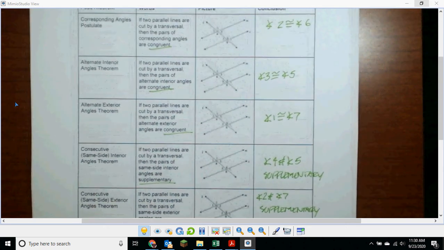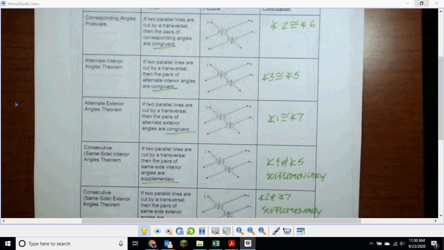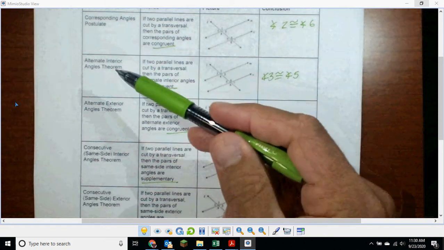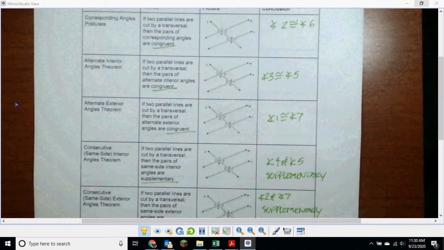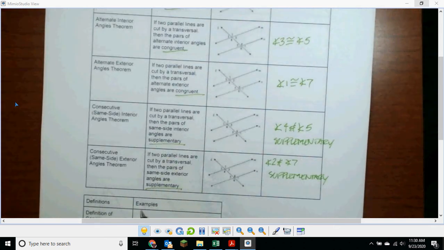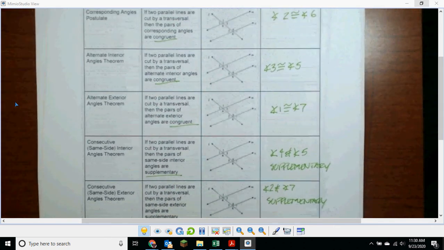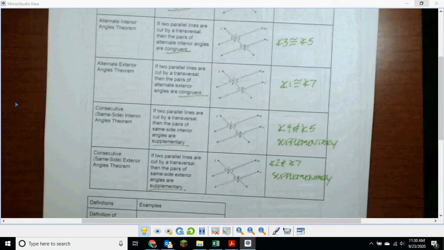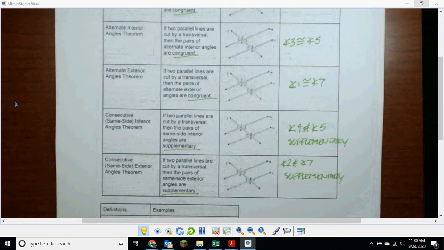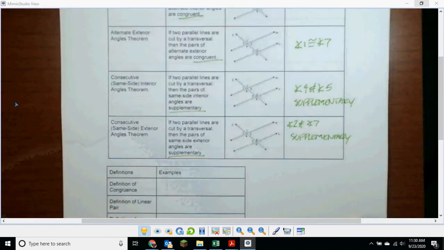So those are all the stuff we talked about last time. Corresponding, alternate interior, alternate exterior, those are all congruent. Same side interior, same side exterior are supplementary. And some other reasons and examples of things that we might get as we go through proofs.